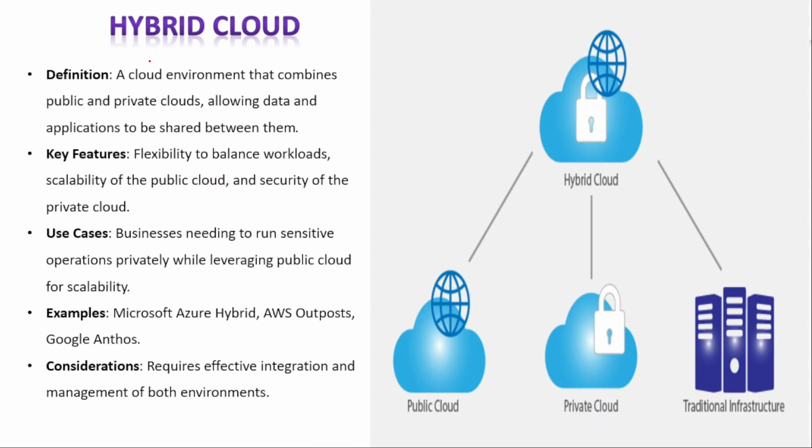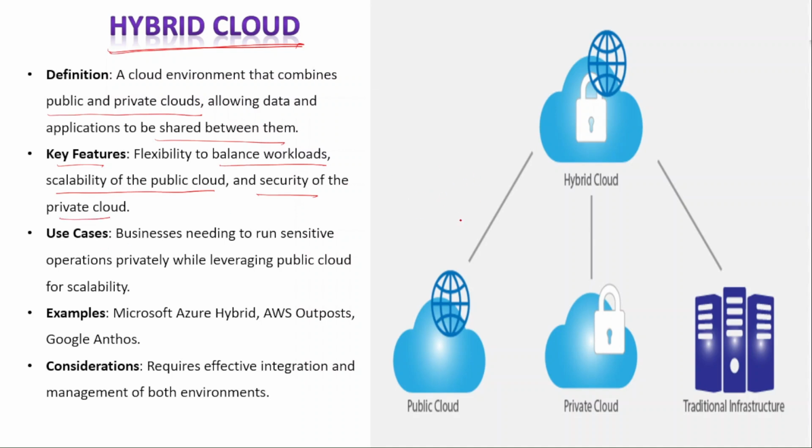The third deployment model is the hybrid. As the name indicates, it is the combination of multiple clouds. It is a cloud environment that combines the public and private clouds, allowing data and applications to be shared between them. The key features include flexibility to balance workloads, scalability of the public cloud, and security of the private cloud.